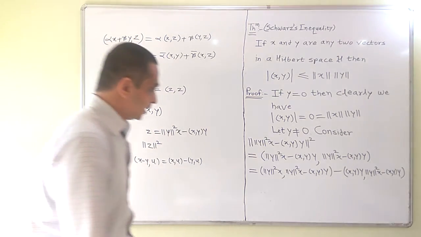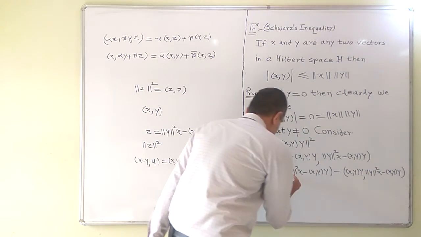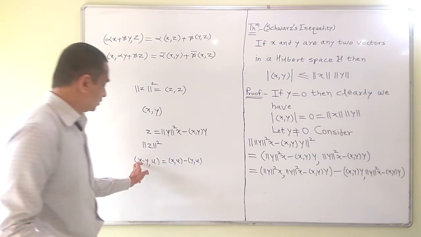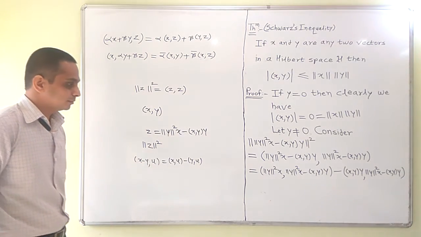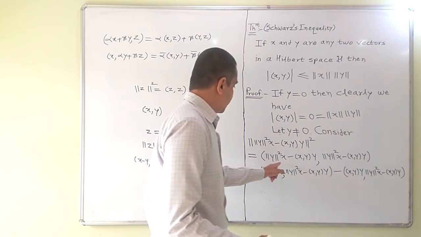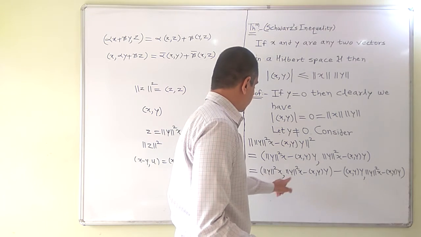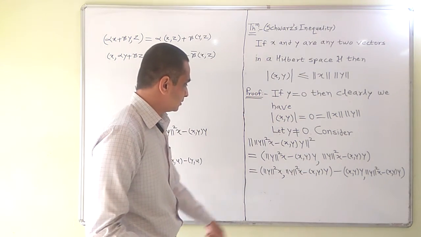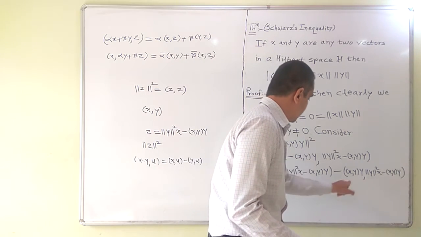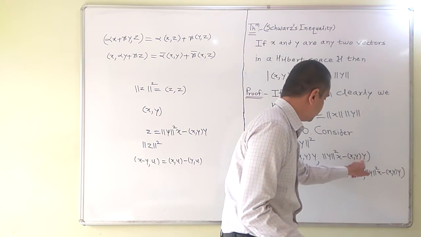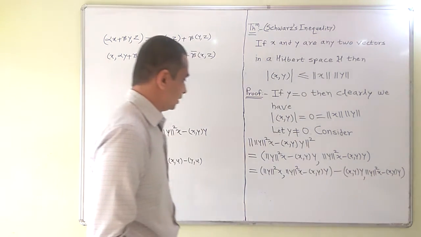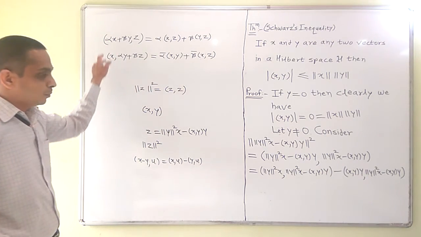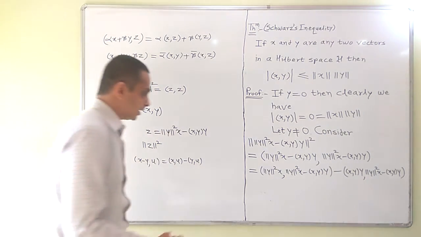So you carefully get this. It is just this property I am using here. So norm y square x, second vector as it is here, minus this xy y and this vector as it is. Now make use of these two properties to further simplify.